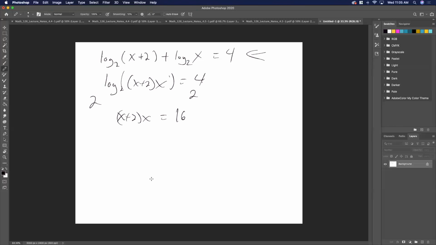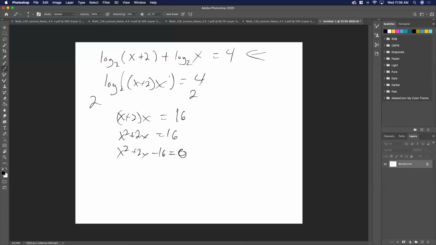Okay, so then once we do this, we can just write x squared plus 2x equals 16. And then we'll have x squared plus 2x minus 16 equals 0.